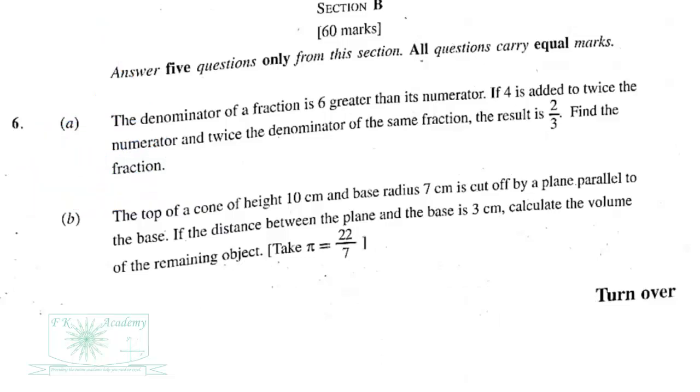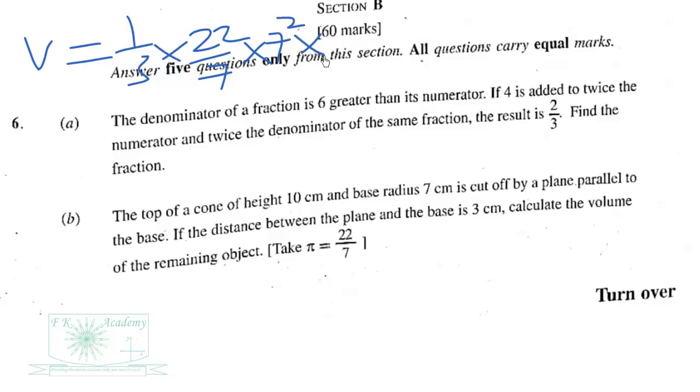Volume is equal to 1 over 3 times pi, which is 22 over 7, times radius of the bigger cone, 7 squared, times height of the bigger cone, 10, minus 1 over 3 times 22 over 7 times radius of the smaller cone, 4.9 squared, times height of the smaller cone, which is 7 centimeters.